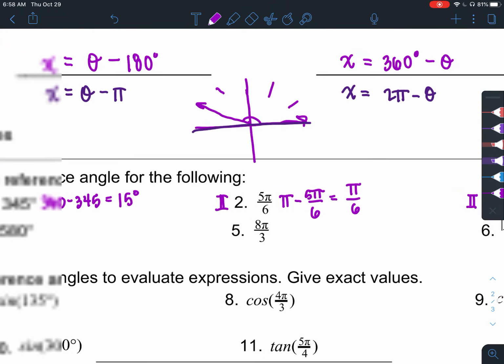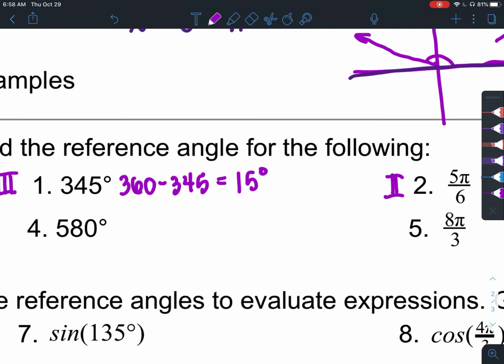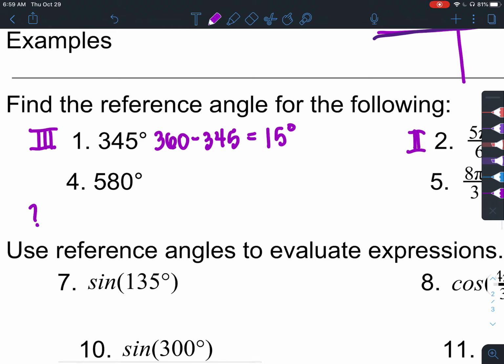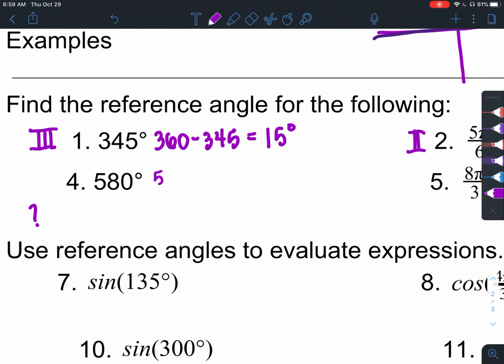Okay, go ahead and try these next 3 on your own. Okay, so 580, what you should have said was that, first of all, this one's a little trickier because we have a number that is bigger than 360. So I'm going to get this down and find its coterminal angle.